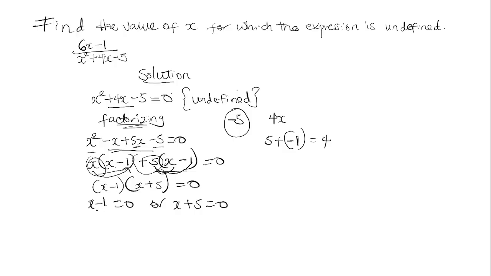So from here, bring minus 1 to the right hand side, and x is equal to 1. Or here, bringing plus 5 to the other side, it turns to minus 5, so x is equal to minus 5. So it means the values for which this expression will be undefined are x equal to 1 or x equal to minus 5.